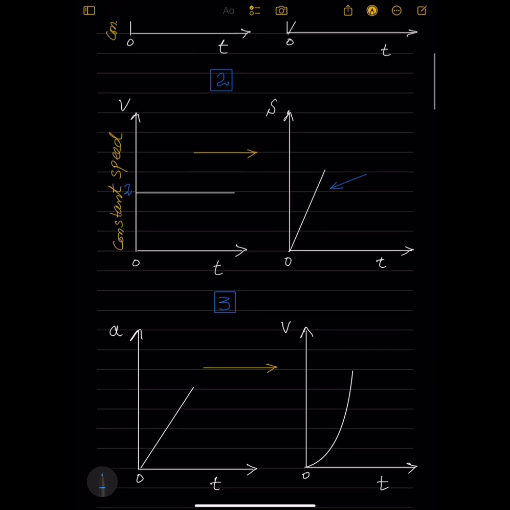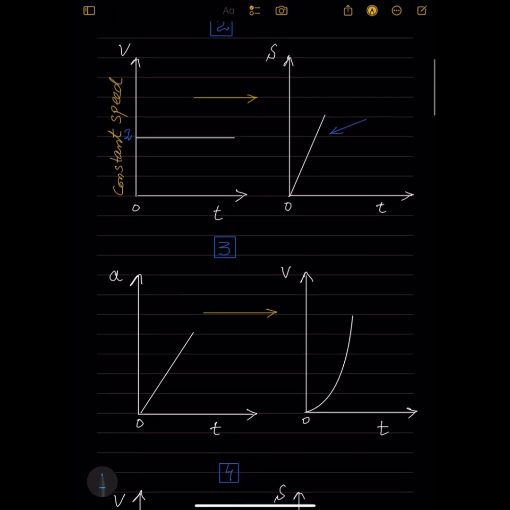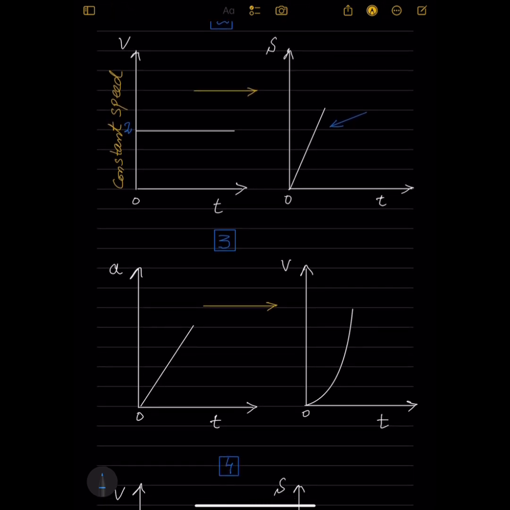Number 3, the set of graphs is between acceleration time and velocity time. On the left hand side, in the acceleration time graph, the line is inclined making an angle with the x-axis.